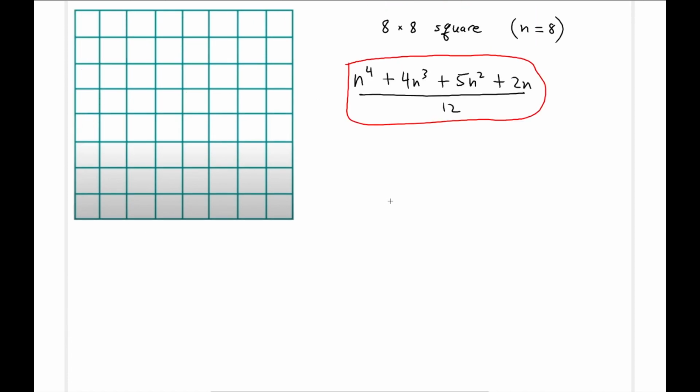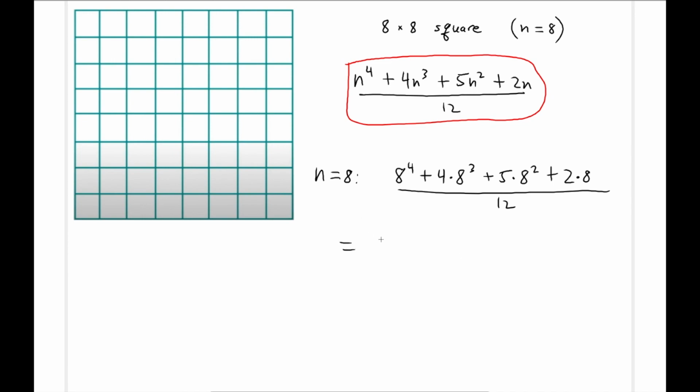So now that we have this formula, let's go ahead and plug in n is equal to 8 into this and find the total number of upright and tilted squares here. All right, so if you do this carefully, you should get 540 upright and tilted squares.